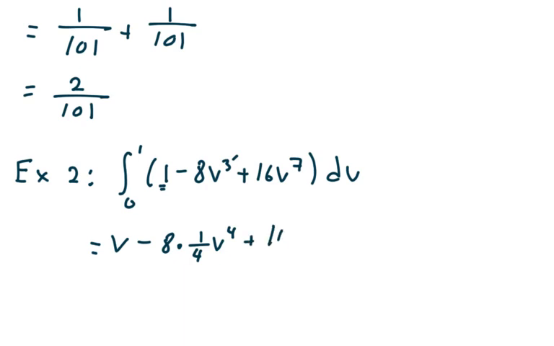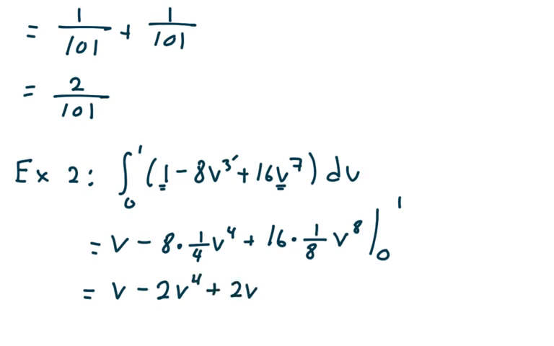Plus 16 times the antiderivative of v to the 7th is v to the 8th over 8, or 1/8 v to the 8th. And I'm going to go from 0 to 1. Pop the 1 in, pop the 0 in, and subtract. But before we do, I'm going to write this as v minus 2v to the 4th plus 2v to the 8th from 0 to 1.